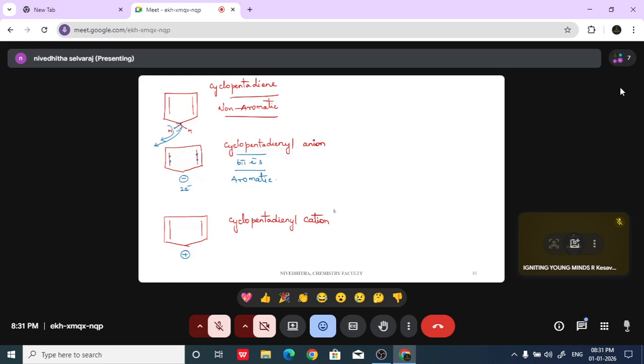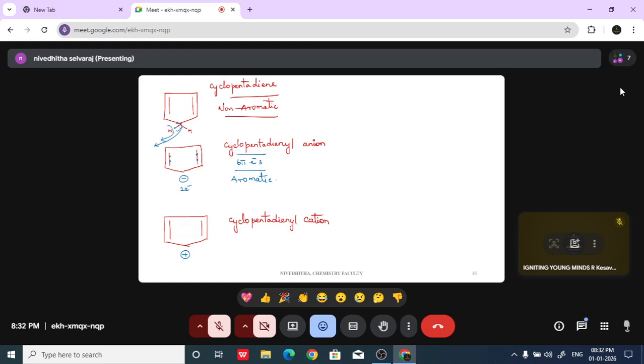Whenever we have a positive charge on any atom or any group of atoms, then we have to name it as cation. Now we'll find whether the system is aromatic, non-aromatic, or anti-aromatic. First, is it cyclic? Yes, of course, it is a ring.